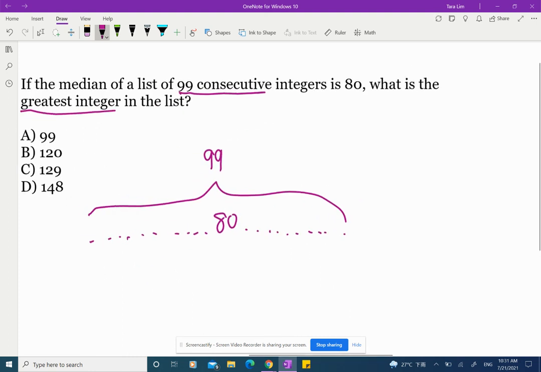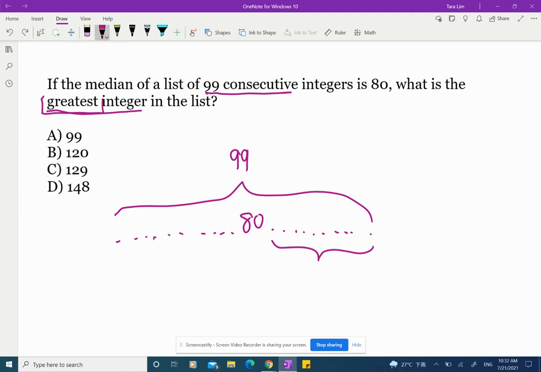So now I want to know the numbers here. And we know that the number here and the number here are the same. So I want to know this one because we know that this side is greater and this side is less than 80. And we want to know the greatest integer.